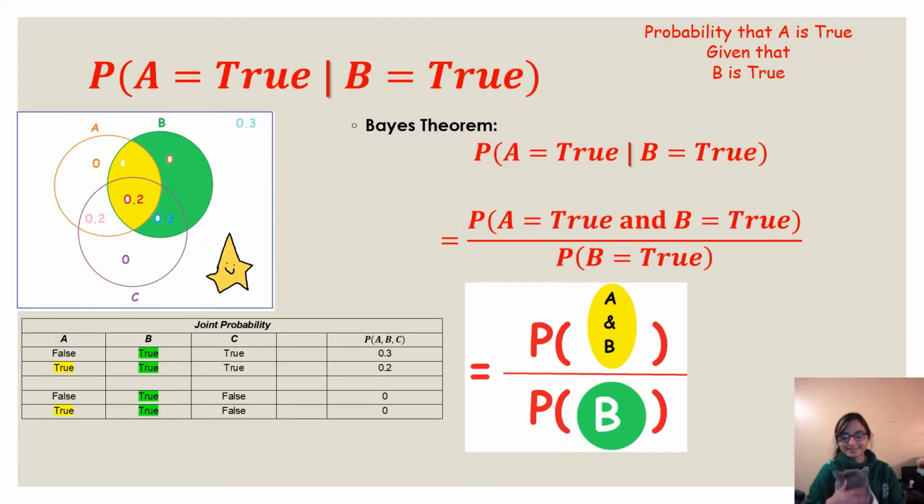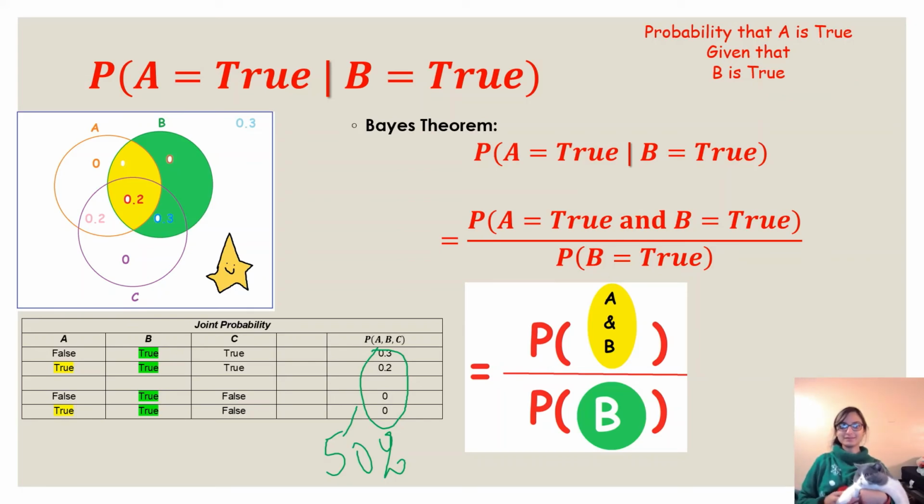So we look when B is true here, which adds up to 50%, and then we look when A is also true there.